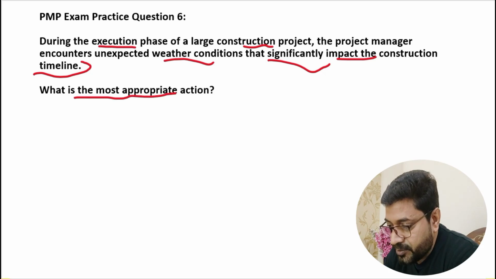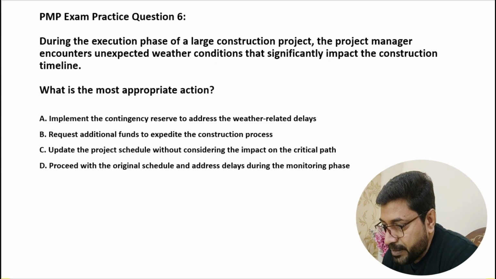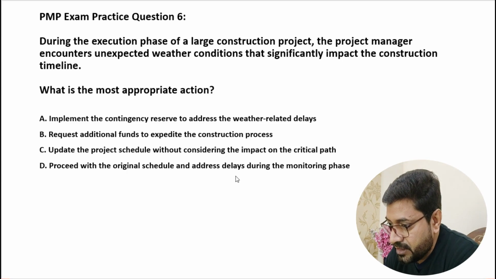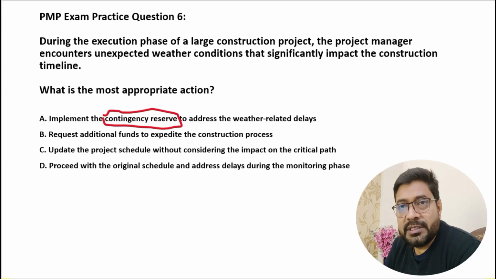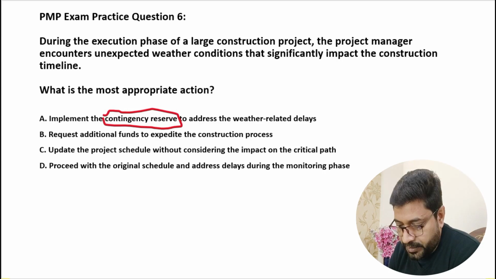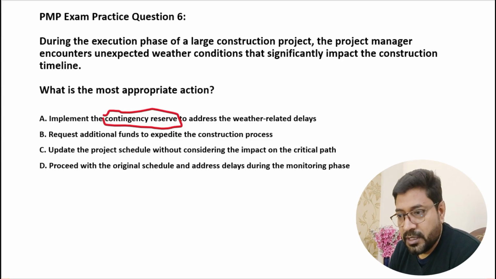Okay, let's look at the options. So option A says implement the contingency reserve to address the weather related delays. Okay, so what is the contingency reserve? During the planning of the project, we plan the schedule, we plan the budget, we plan the risk also.